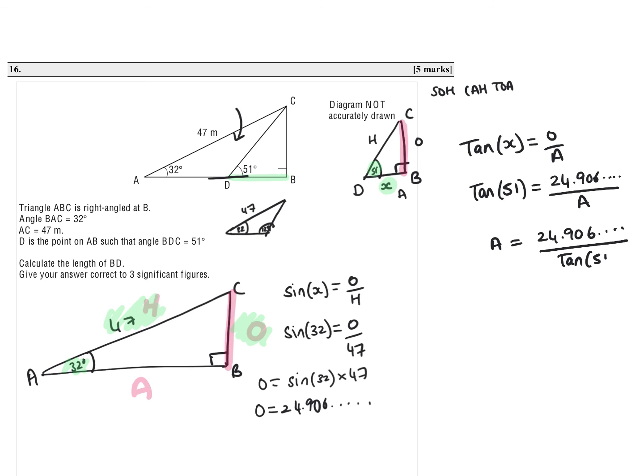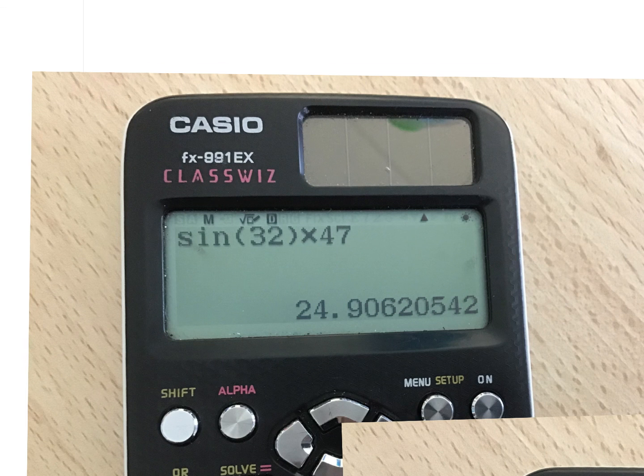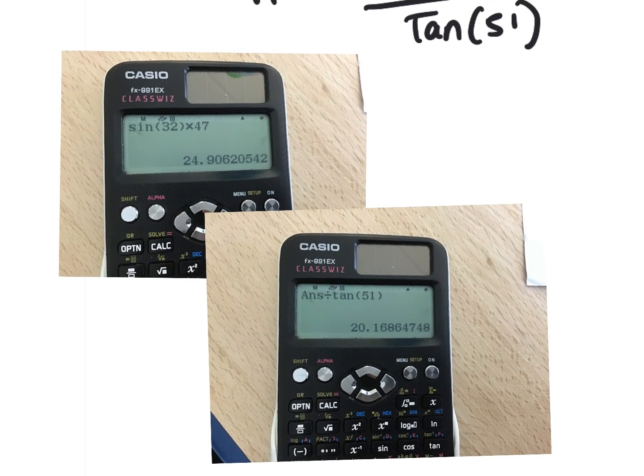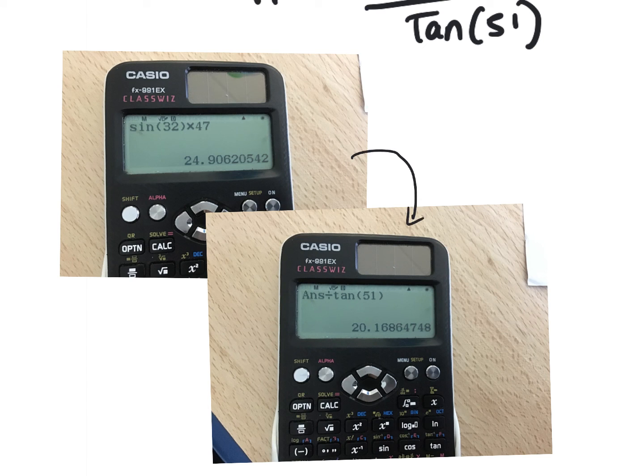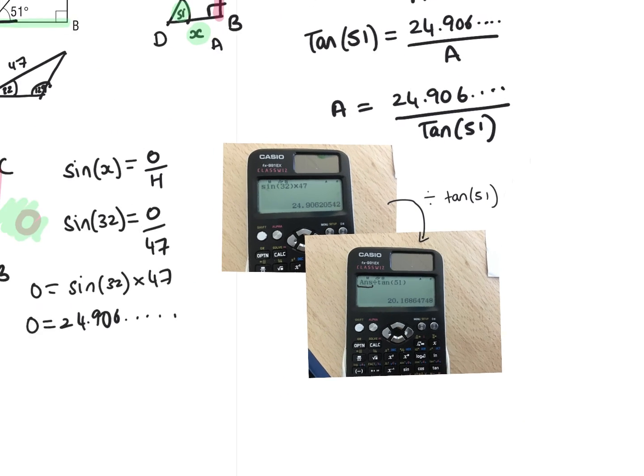Now, a nice little shortcut is that I'm now going to write on my calculator. I'm going to take a photo. So I still have my sine 32 times 47, and this is where I've got the 24.906, and so on. And then what I'm literally going to type is divide tan 51, and then it changes that value into answer, so I can keep it exact, okay?